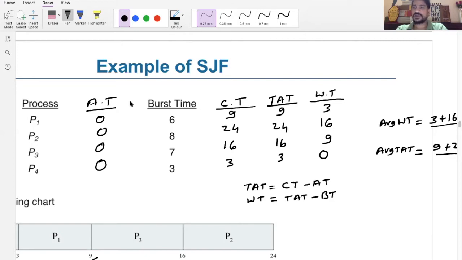Practically we cannot calculate the burst time of any process prior to its execution. So if we cannot do that, then how can we have an algorithm based on burst time, called shortest job first? So that is not at all an implementable algorithm.